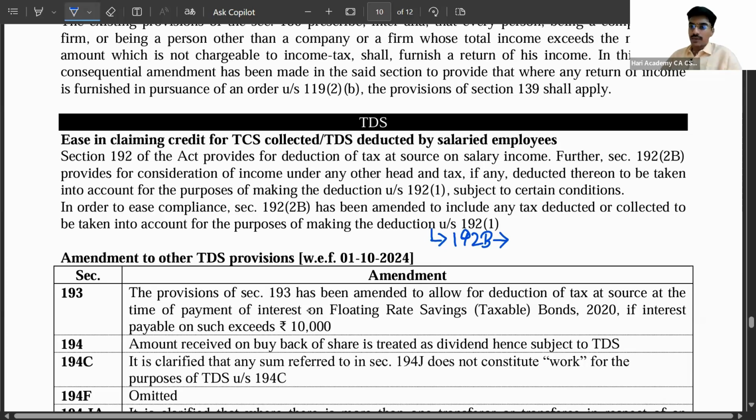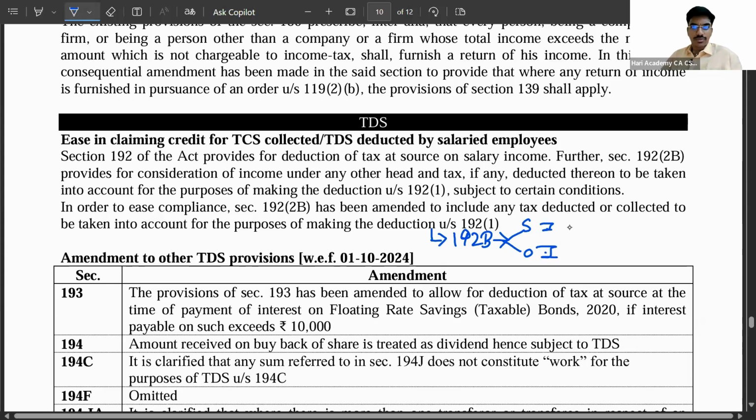So there will be two incomes which an employee will have. The first one is salary income. The other one is other income.